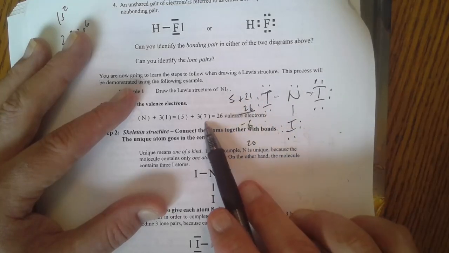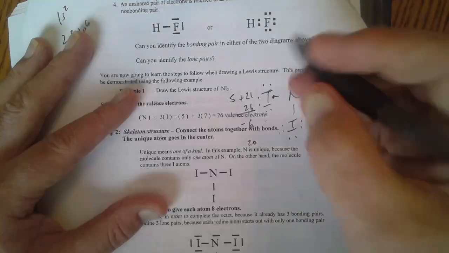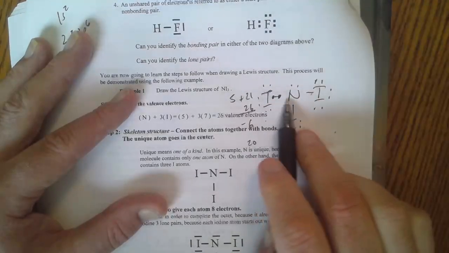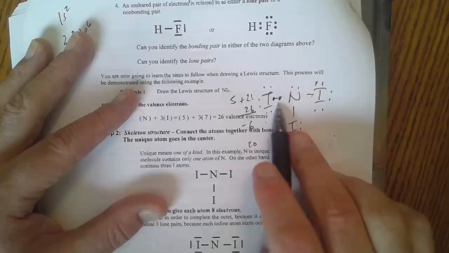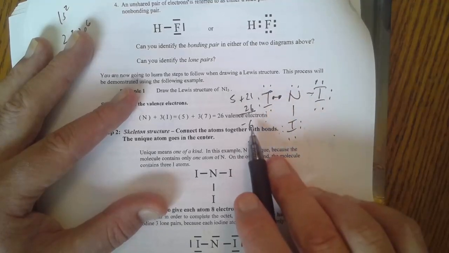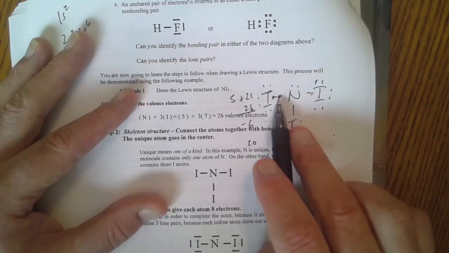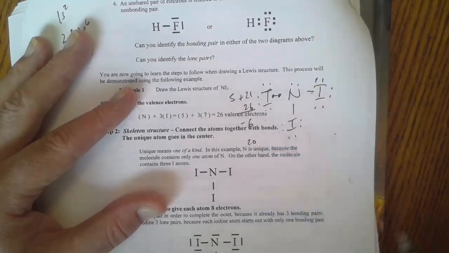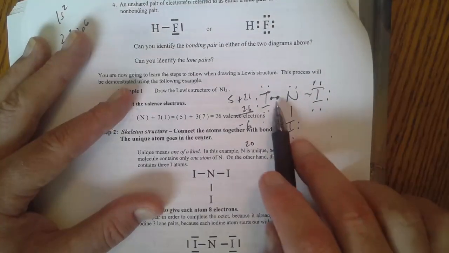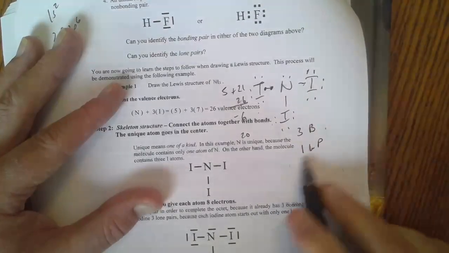Each of these iodines brought 7, one of which is here, and the one nitrogen brought 5, one of which is here. The fact that they're sharing this, that's the covalent bond, right? These are the 6 it brought, yes, but the one extra is the 7th there. The nitrogen brought 1, 2, 3, 4, 5. They're sharing these. That's the covalent bond. We would say this has 3 bonds and 1 lone pair.